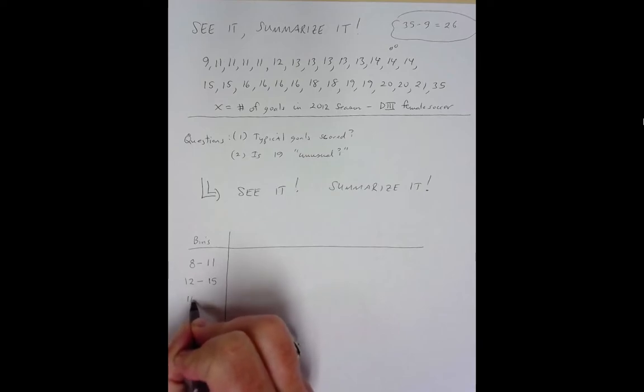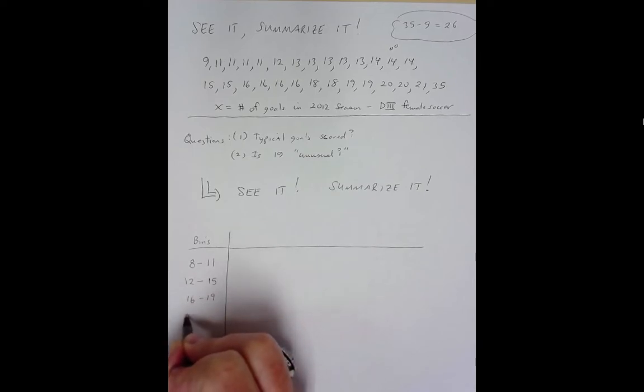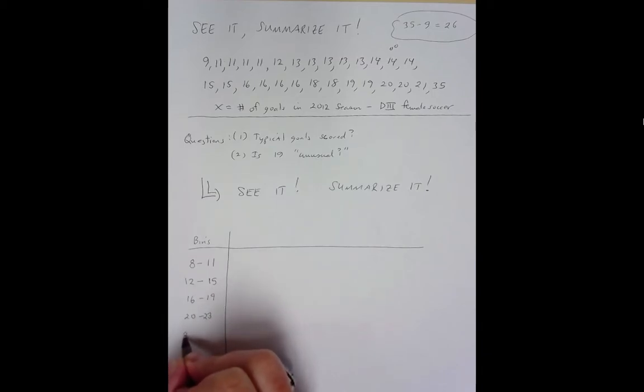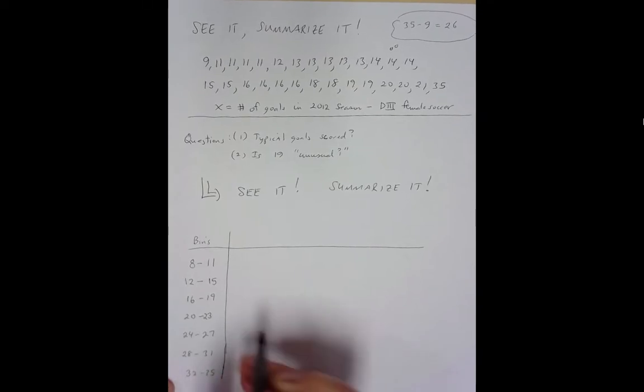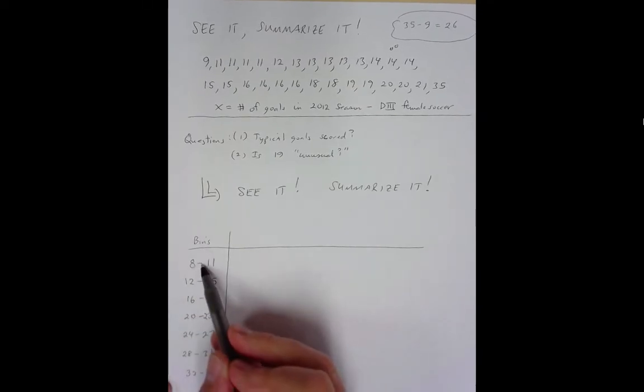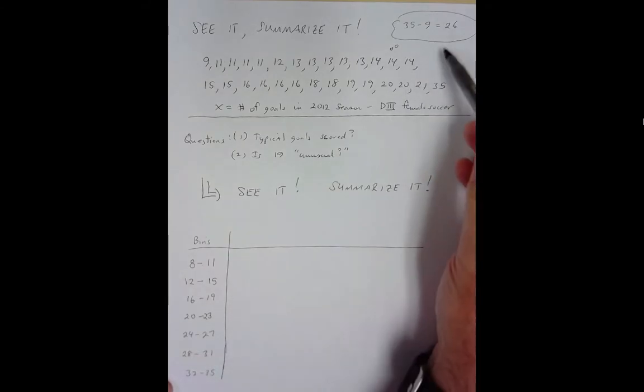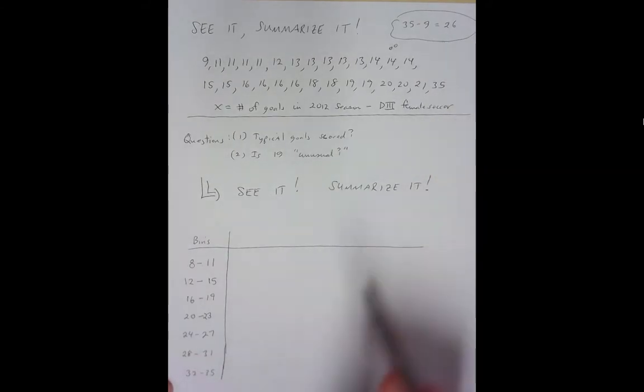The next is going to run from 16 to 19, the other from 20 to 23, the other from 24 to 27, 28 to 31, 32 to 35. Because I started a little below, you'll see I get 1, 2, 3, 4, 5, 6, 7 bins, just like what I intended to get.